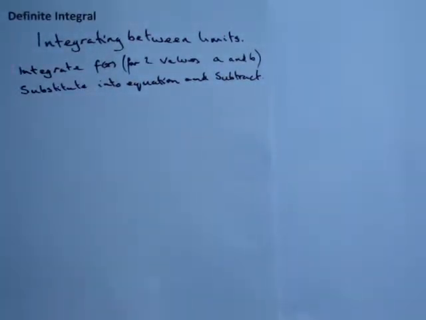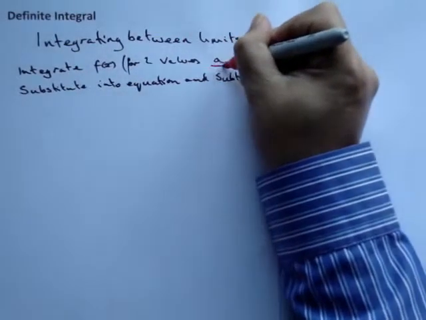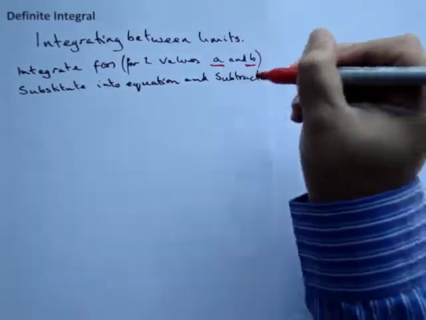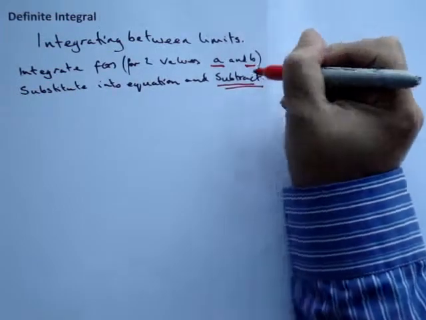So we're going to have two values a and b, that's most important, and then we're going to subtract.